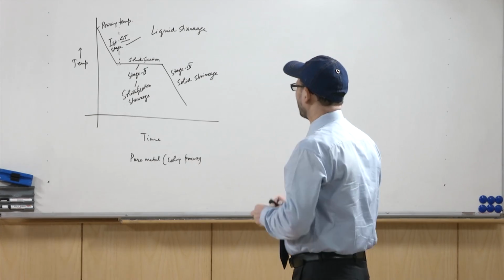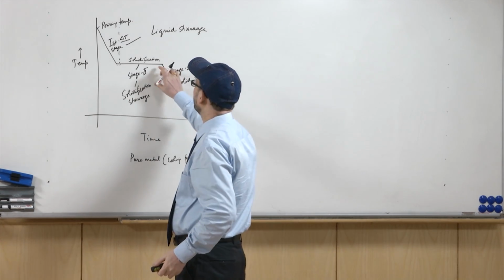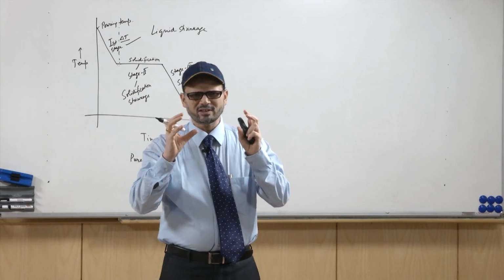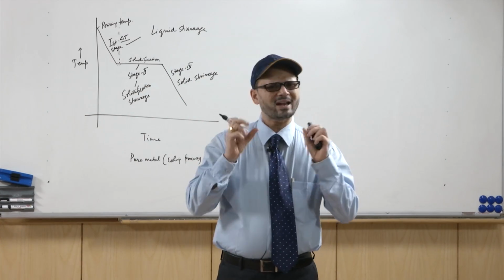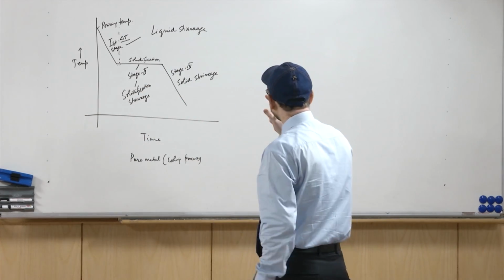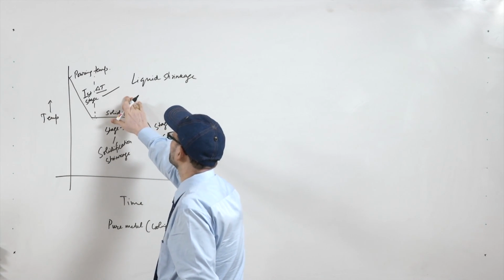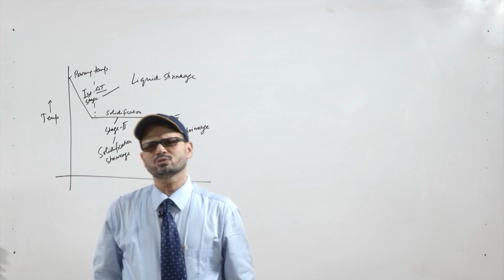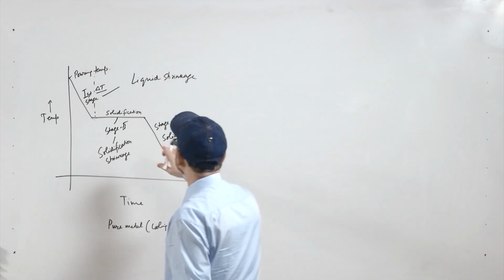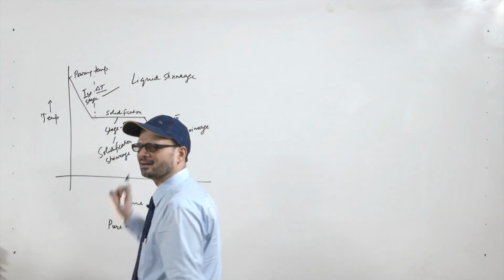So, because of that there will be a change in the volume, there will be a decrease of the volume, that is contraction. So, normally if you take plain carbon steel, it is somewhere close to 1.6% or so. Similarly, in the second stage it will be close to 3%.